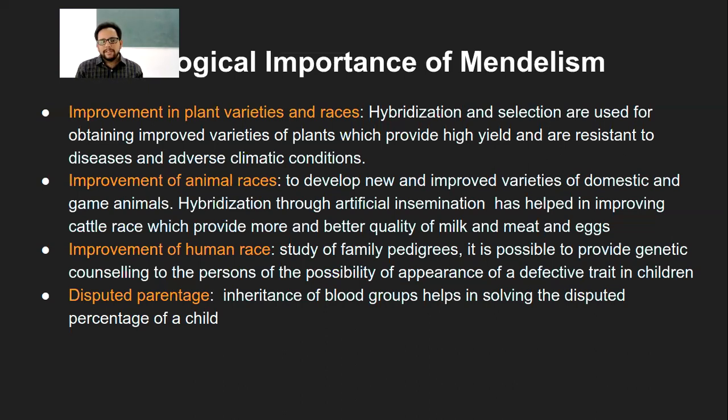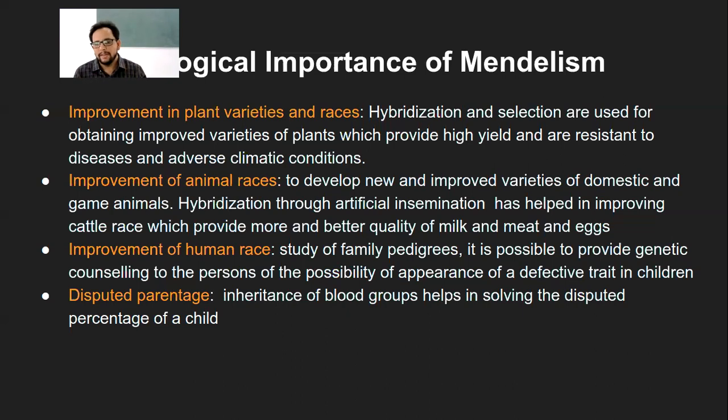Then the third point is the improvement of the human race, through studying family pedigrees. A pedigree is nothing but the pedigree chart, where we study which particular member of the family is the carrier and which is affected or not affected.